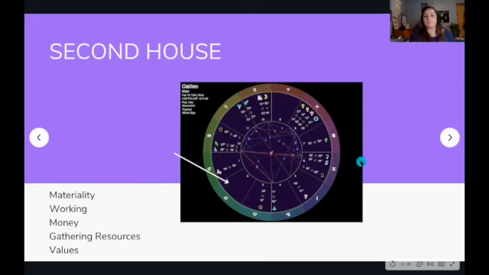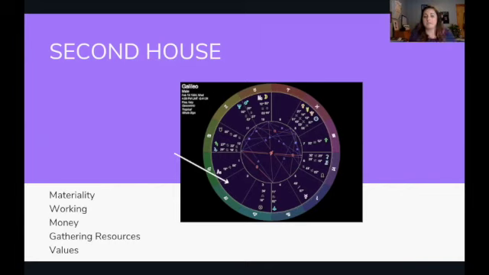So from that alone, we can start to really unpack some of Galileo's values around materiality, because the second house is all about materiality, working, money, gathering resources.